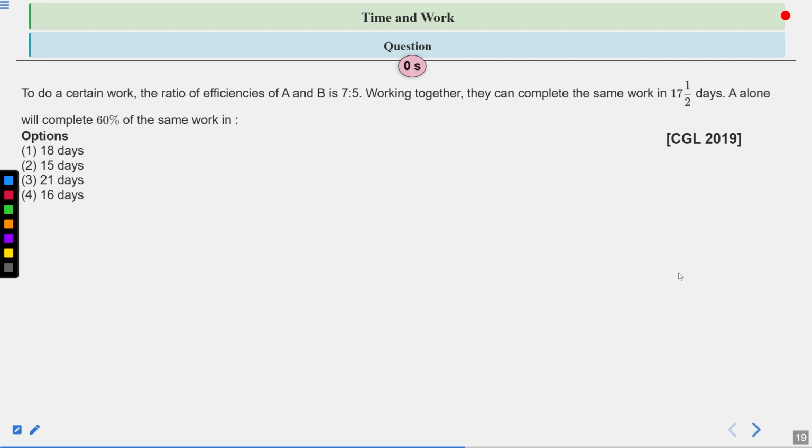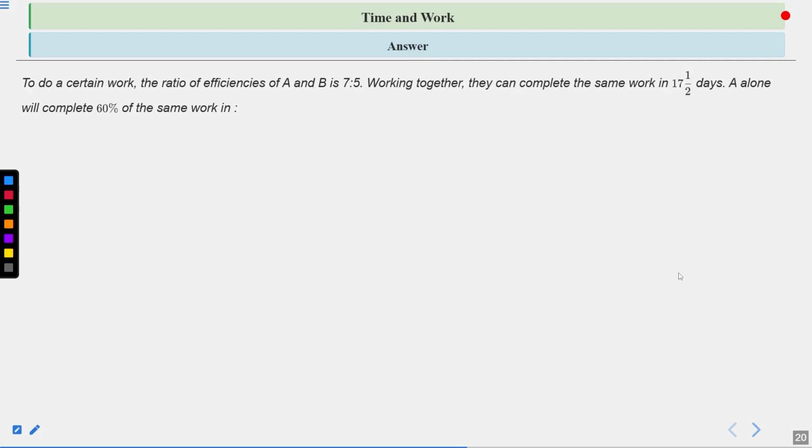Now time's up. Let's see the solution of this question. The question says that to do a certain work, the ratio of the efficiencies of A and B is 7 : 5. Working together, they complete the same work in 17 and a half days. So we can calculate the total work because we have the efficiencies of A and B, which are 7 and 5.